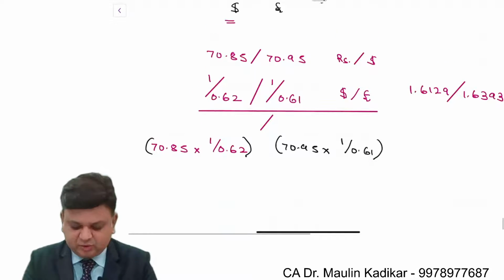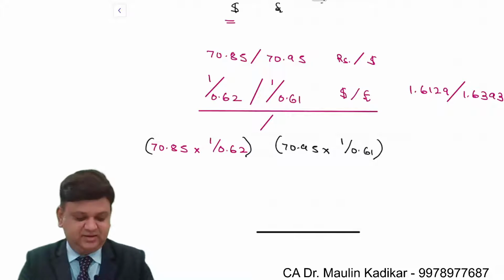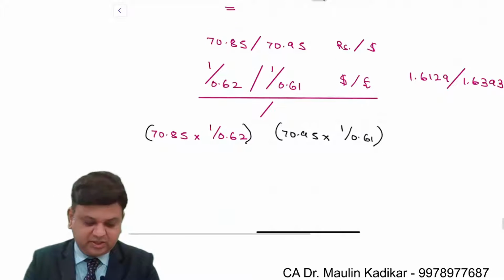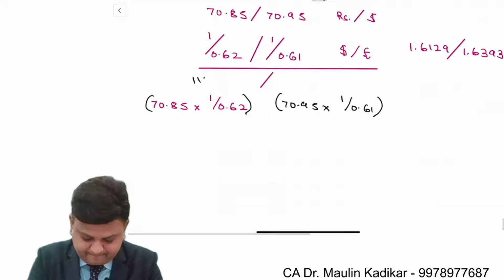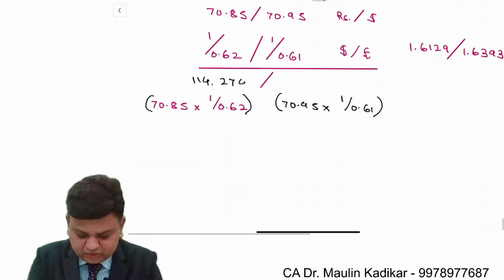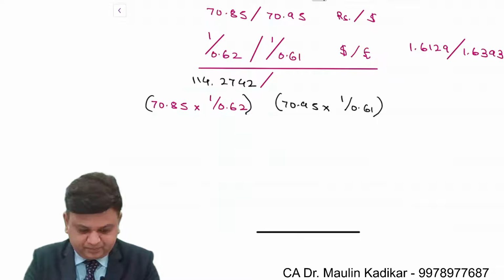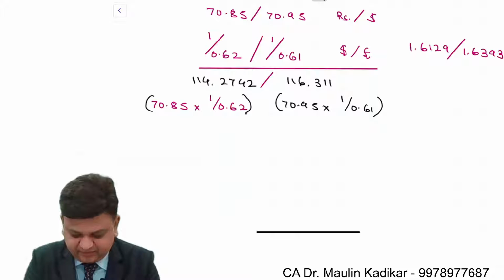That is how the two exchange rates can be determined. So 70.85 upon 0.62 is 114.2742, and 70.95 divided by 0.61 is 116.3115 rupees per pound.